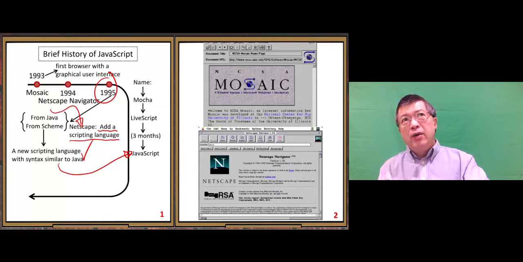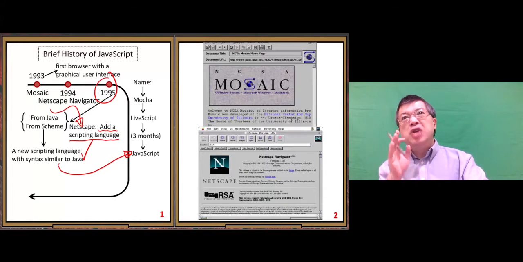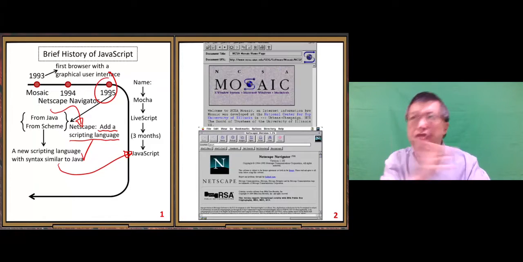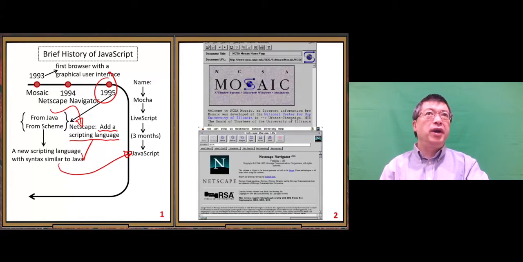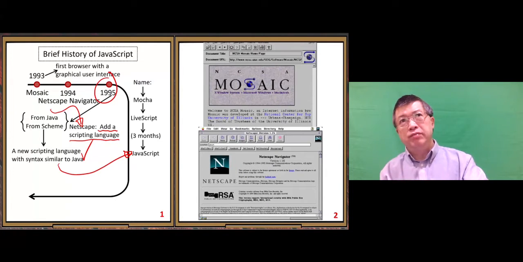So later, when people look back, thinking about why it is called JavaScript, since it is completely different from Java, but it is still called JavaScript, what's the reason behind it?